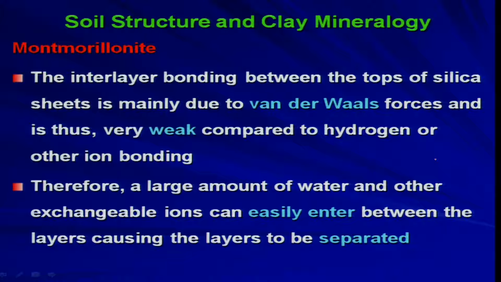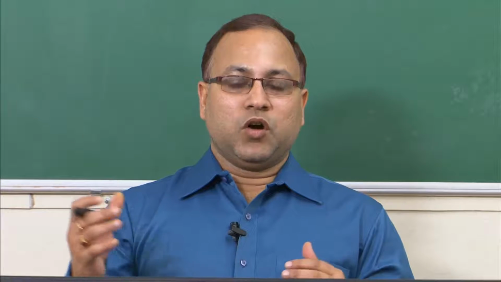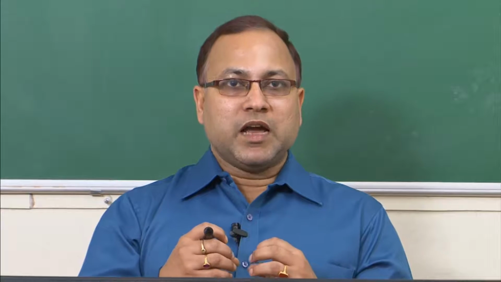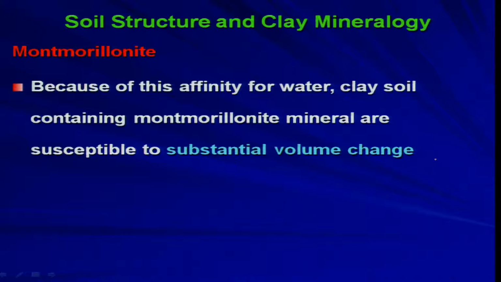Because of the weakness of the van der Waals bonding at the interlayer, it allows water to come inside, and any exchangeable ion will come inside, and it will try to push the structure and swell it, so that ultimately it may get separated. Because the interlayer has van der Waals bonding, which is very weak, it allows water to come inside the interlayer.